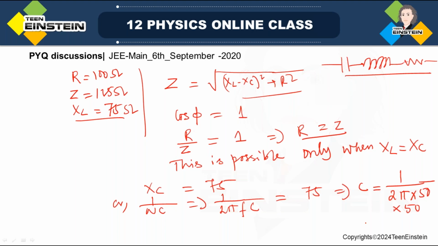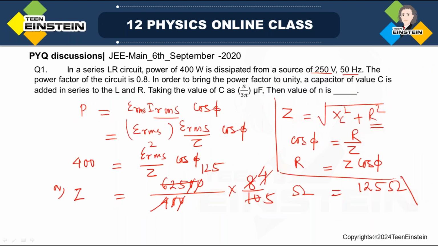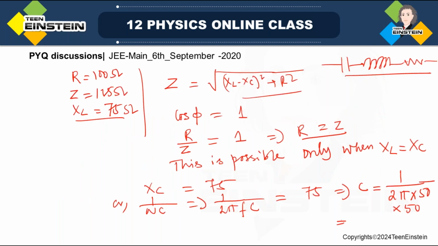Yes, so these are fine. And this is nano, n by 3 pi. Let me write n by 3 pi here just to compare.